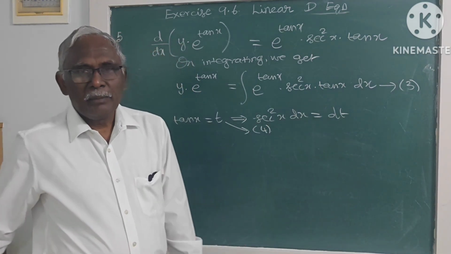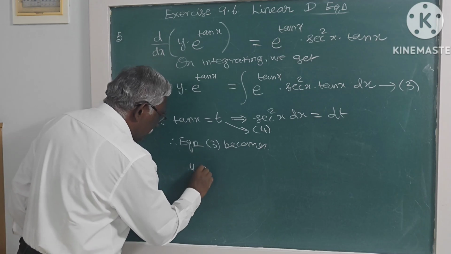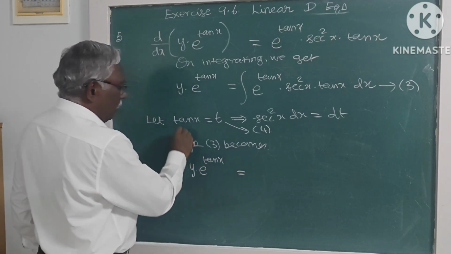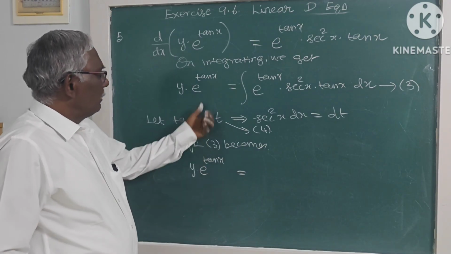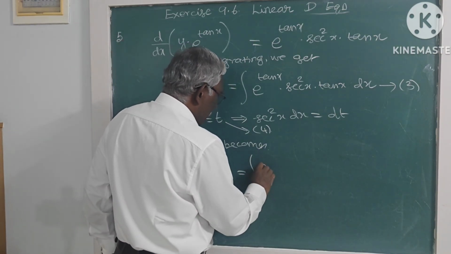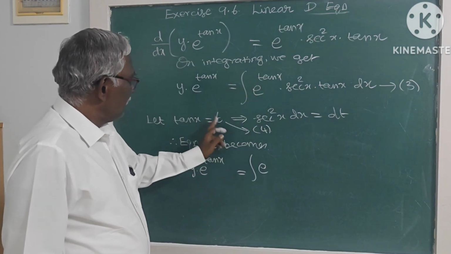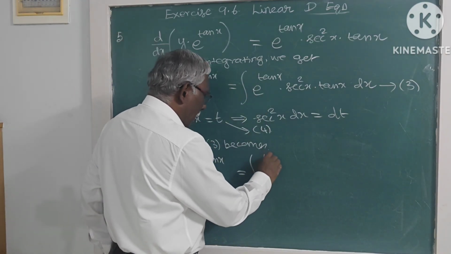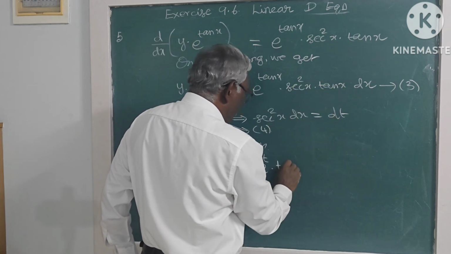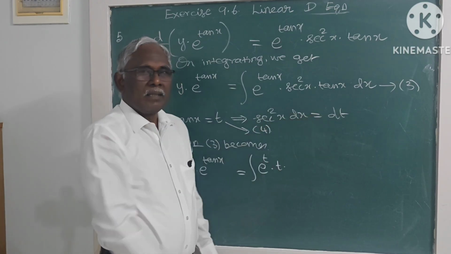Therefore, equation 3 becomes y into e power tan x is equal to integral e power t, tan x is t, tan x is again t, secant square x dx is dt.